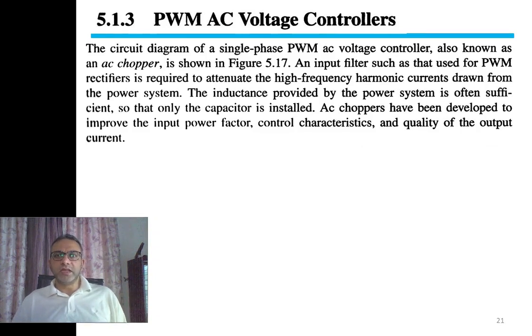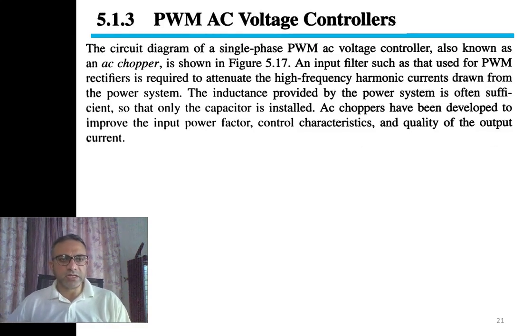We will see that in the circuit diagram, an input voltage filter is used. This input filter is used to attenuate or reduce high frequency harmonic currents that are drawn from the power system.